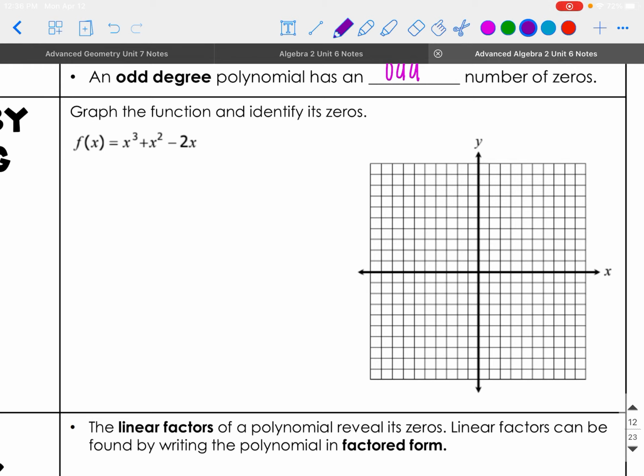I'm going to go to the table first because going to the table gets you the most accurate points. -2, 0, -1, 2, 0, 0, 1, 0, and 2, 8.